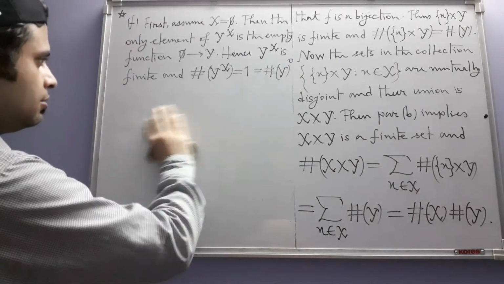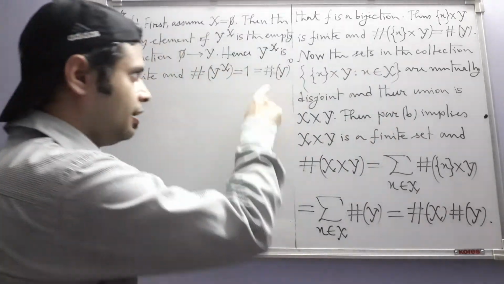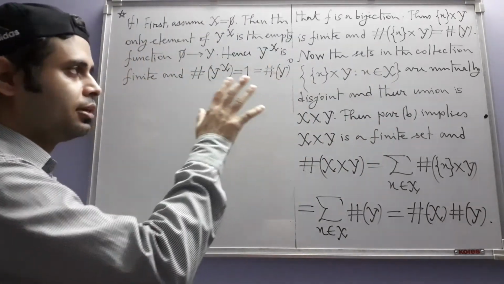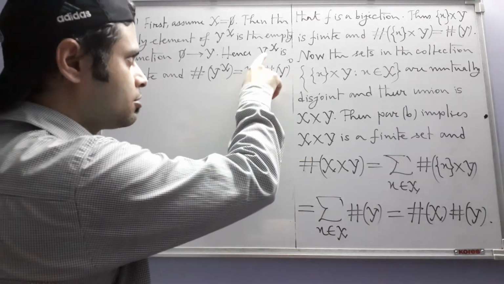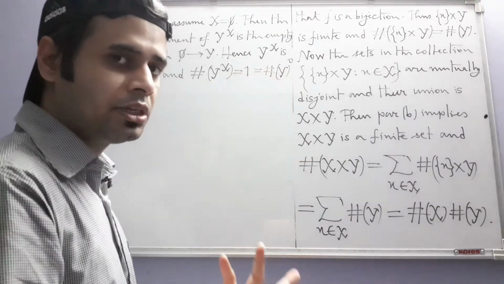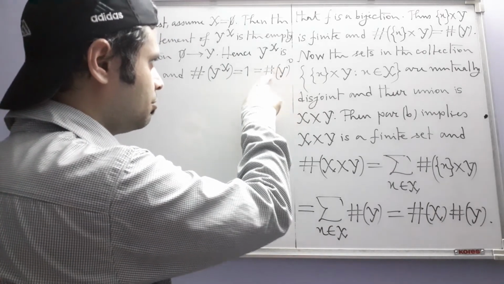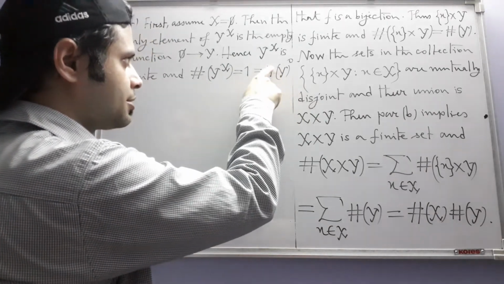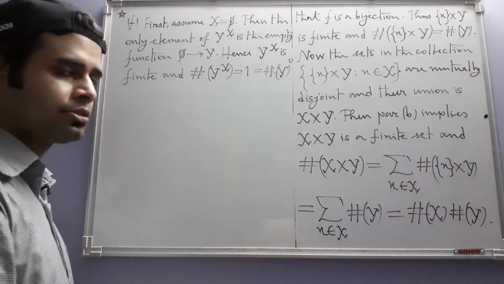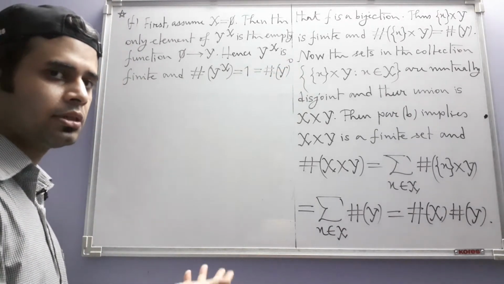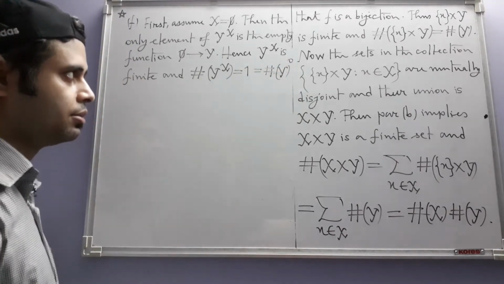So that's why, we are not imposing any restriction on y, so y may very well itself be empty. So if that happens, then we will have 0 here as base, and the exponent is also 0, but by our convention 0 to the power 0 is 1.